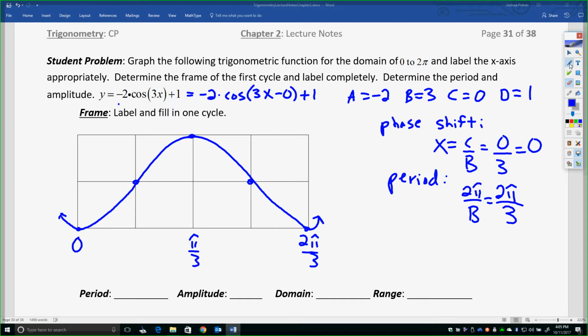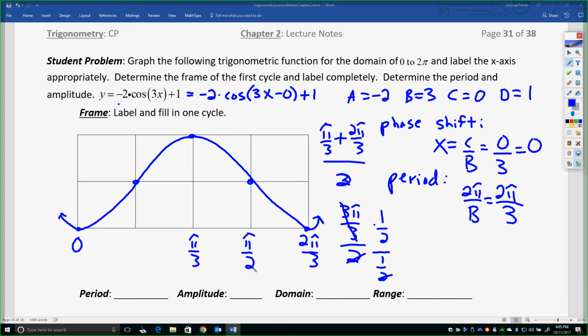Okay, so halfway between these now, pi over 3 plus 2 pi over 3 over 2. Halfway between is 3 pi over 3 over 2. So times 1/2 over 1/2, that'll cancel. So that gives me a pi over 2, halfway between there.